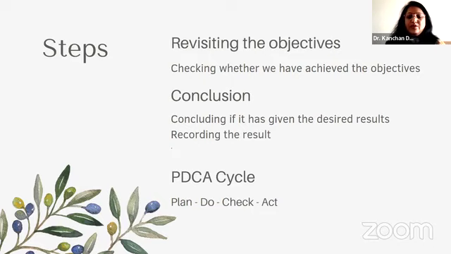There is a very good concept called the PDCA cycle. Not only in action research, in any activity, in any area in school education, you can have this considered. PDCA: P is plan, do, check, and act.